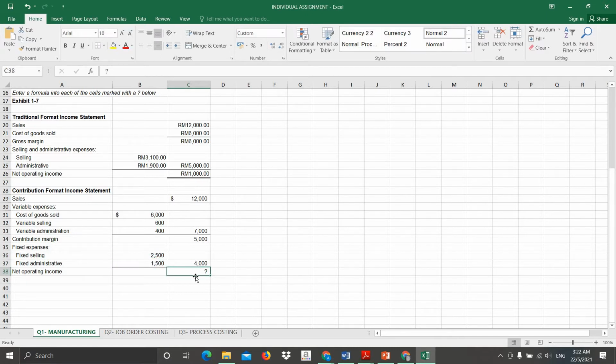For net operating income, we need to minus contribution margin and fixed expenses. And we need to change the currency.